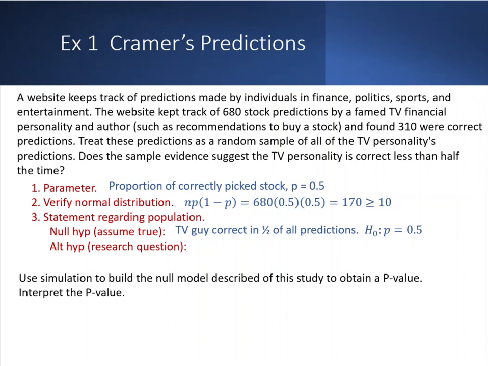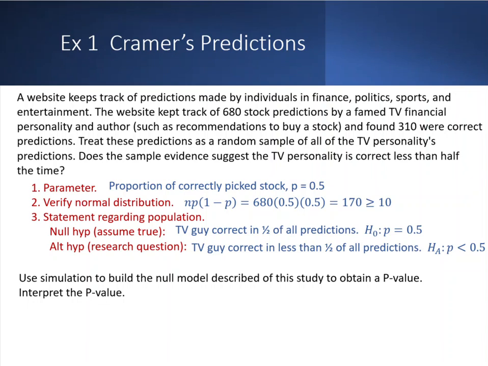What we want to show is that he is actually correct less than half the time. So in words, the TV guy is correct in less than half of all predictions, or in other words, H sub A says that our proportion of correctly picked stocks must be less than 0.5.